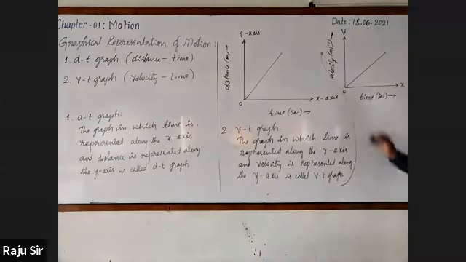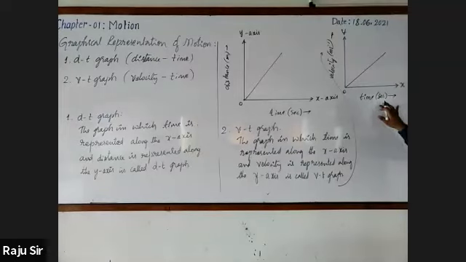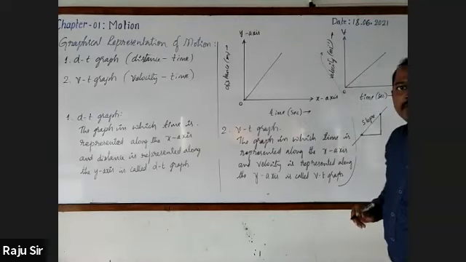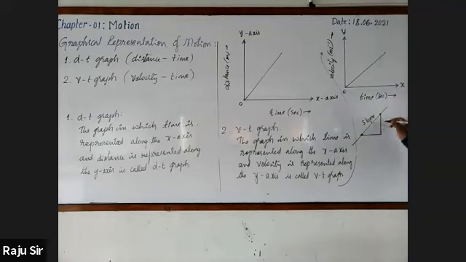Look here. I'm going to take the graph that is obtained in VT. I've drawn a straight line. Just look at the board. It is a straight line like this. In this, I go for taking the slope, vertical distance and horizontal distance. What is vertical distance with respect to VT graph? Velocity.